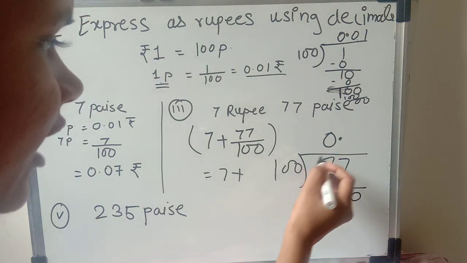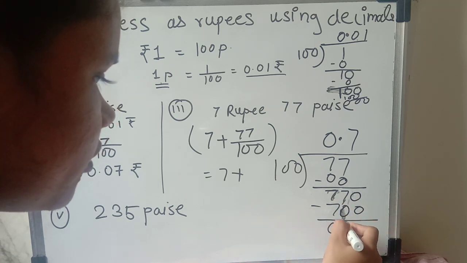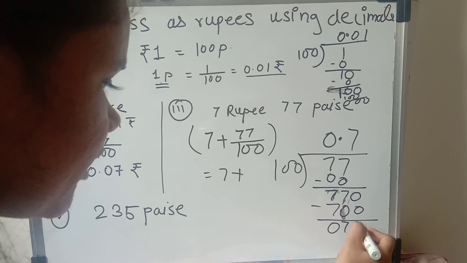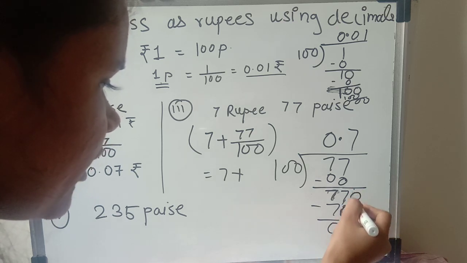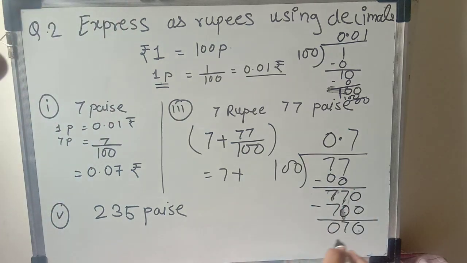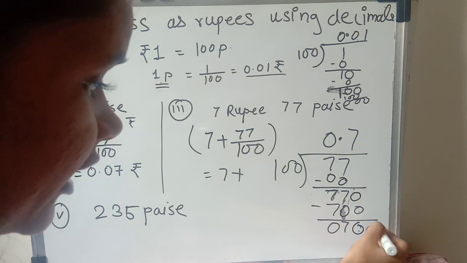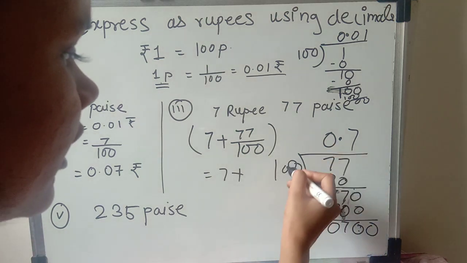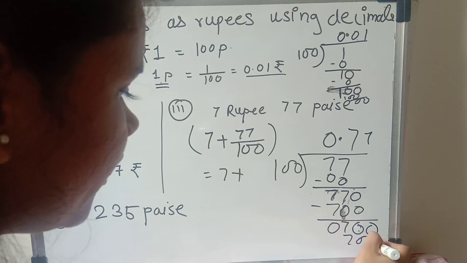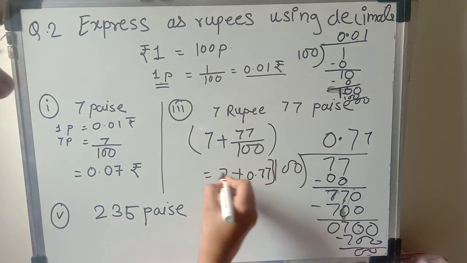Now you can divide: 100 sevens are 700. Take down 0, 0 minus 7, and 0 minus 0 is 0, 7 minus 7 is 0. So here we have taken down the decimal. Now we can take 0s as many as needed until we get the answer, meaning remainder 0. Again 100 sevens are 700, and here we got the answer, that is 0.77. Okay, now let's just add them.